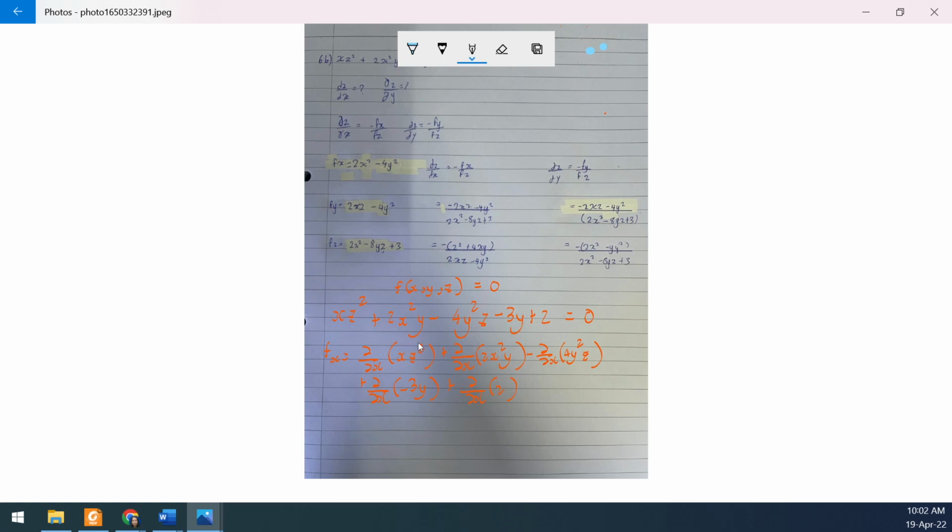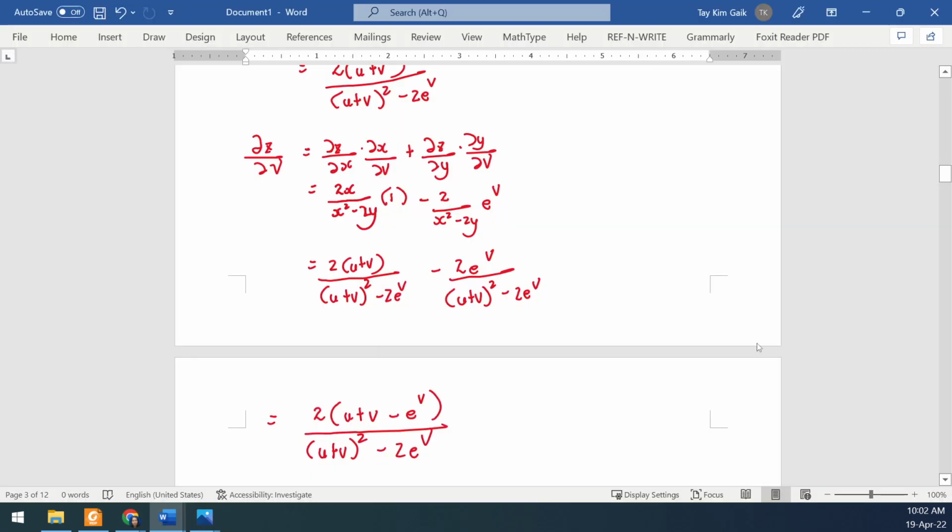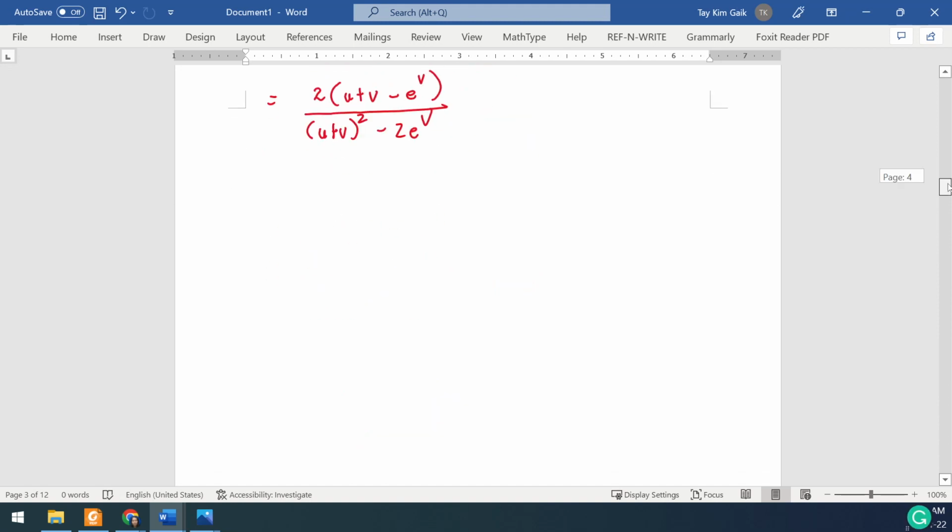Tanesh, okay? Your fx, the first term is already wrong. Let me put it back here, 6b. Arrange everything: F of x, y, z equal to xz squared plus 2x squared y.